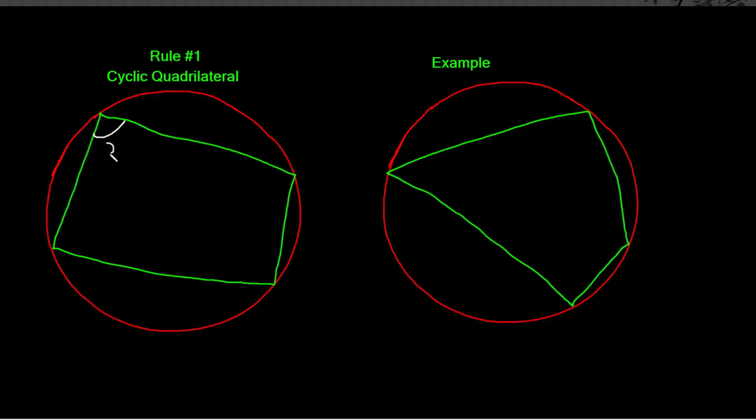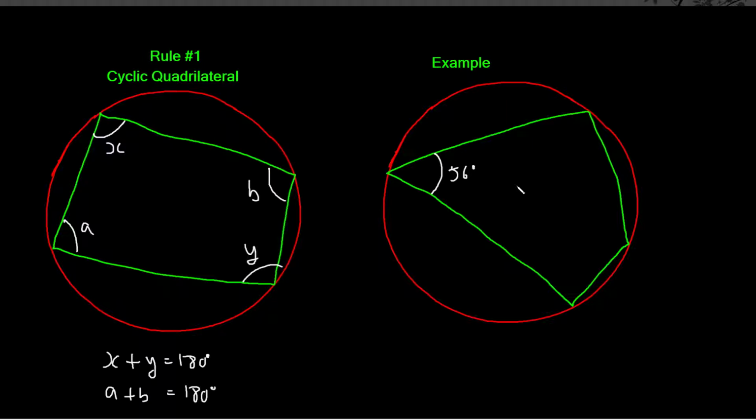So for example, x and y, x plus y will equal 180 degrees, and this opposite pair a and b, a plus b would also equal 180 degrees. Now if we were to give an example for this question, say this angle here is 56 degrees, then this angle would be 180 minus 56, which is 124 degrees.